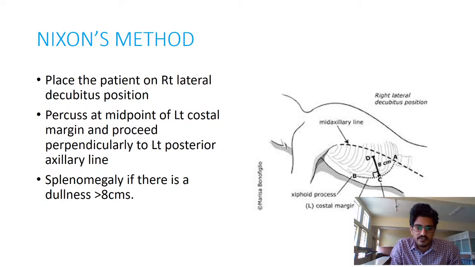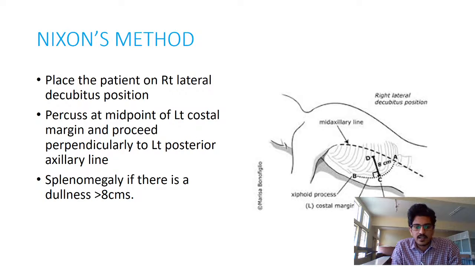The costal margin in the mid-axillary line is point A, and the xiphoid process is point B. You take the midpoint between A and B, that is C. From that point, you percuss towards the mid-axillary line perpendicularly, at 90 degrees, proceeding to the left posterior axillary line.